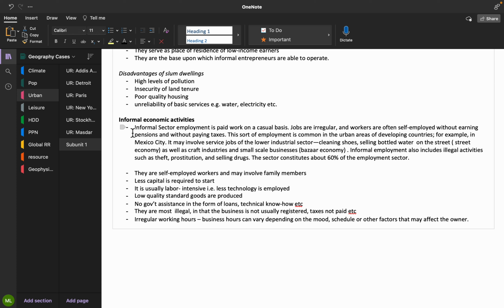The sector constitutes about 60% of the employment sector, which is really unfortunate because they're not getting the social security safety net that they need, and they're not getting aid, because if you're paying your taxes, you can actually get aid, and you could file for bankruptcy and get your loans and whatnot. And yeah, they lack that.